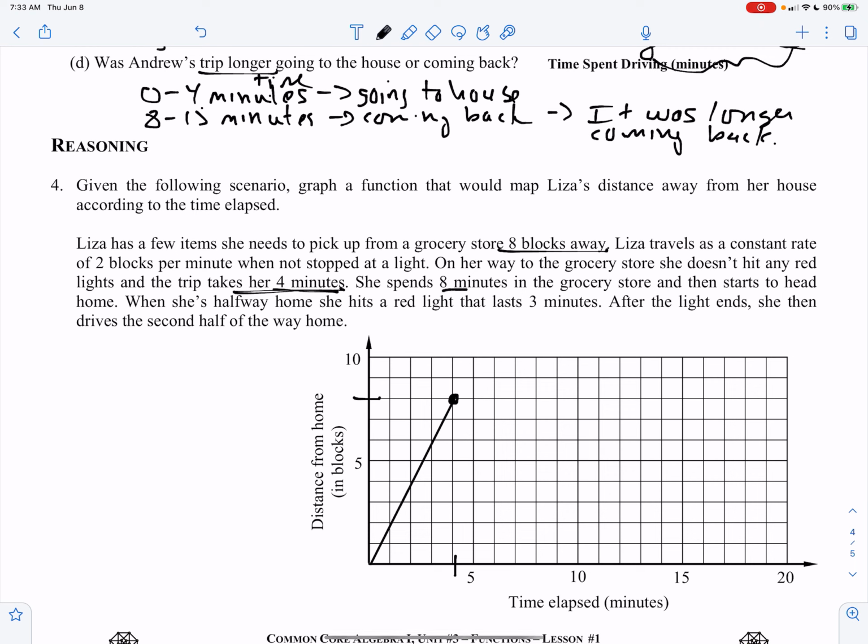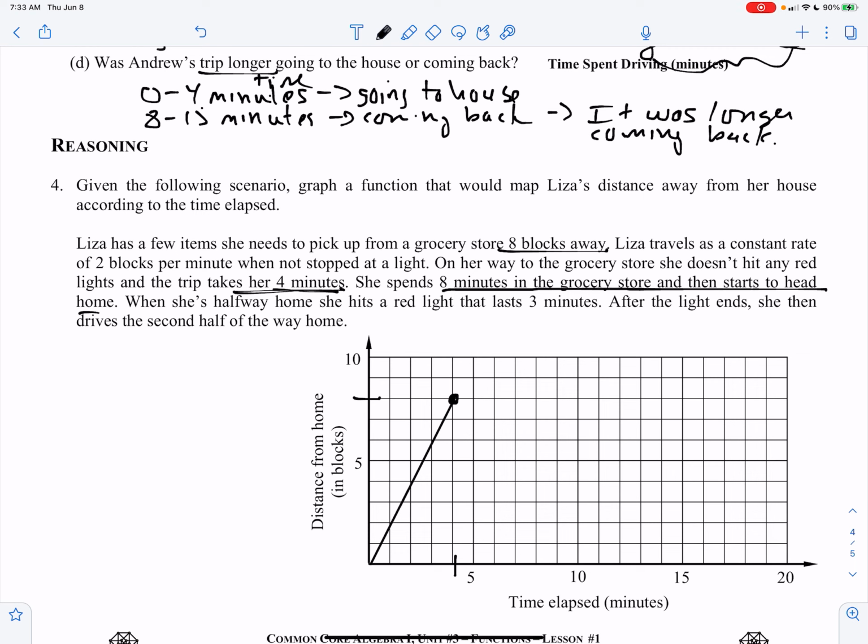Well, she spends 8 minutes at the grocery store and then starts to head home. If she's at the grocery store, she's not going to or from her home. She's at the same distance away from her home. So 8 minutes after 4 would put it at 12.